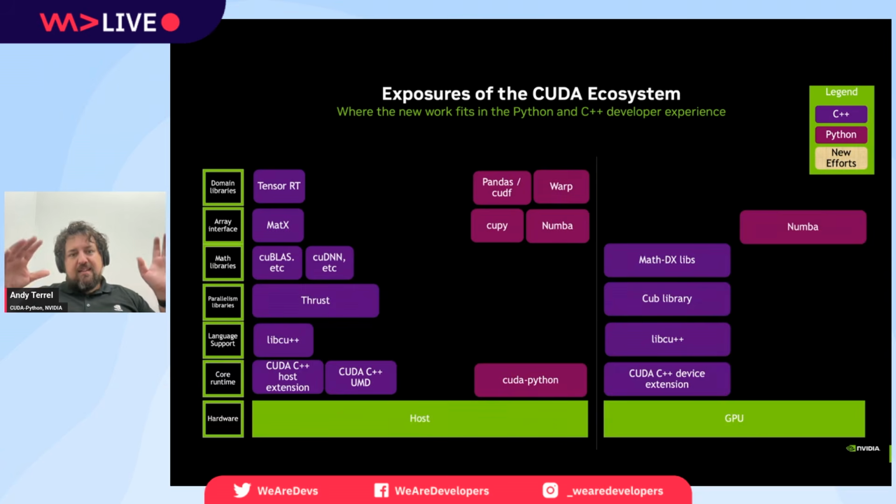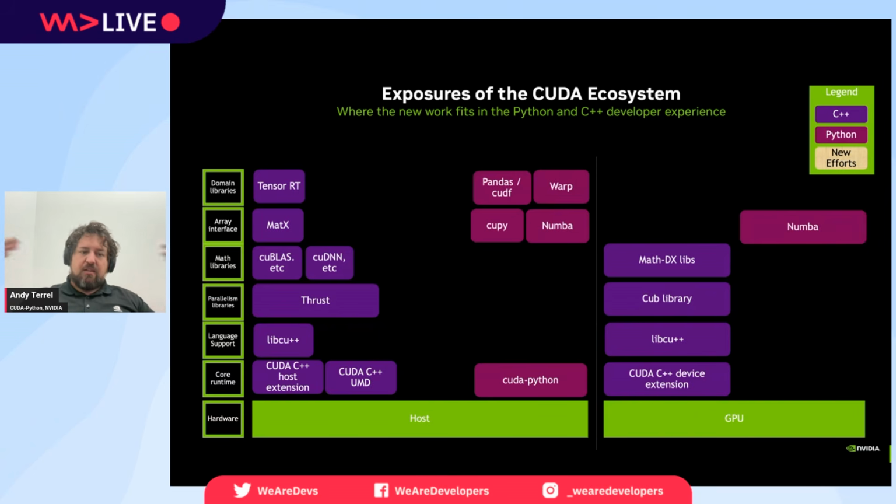Today, if you walk into the CUDA ecosystem, you'll notice I have a lot of C++ things, from my host extensions to the libraries that support language features like std::par and exceptions, to parallelism libraries like Thrust, and then on the GPU side, CUB, which lets GPU code spawn its own threads and cooperate together.